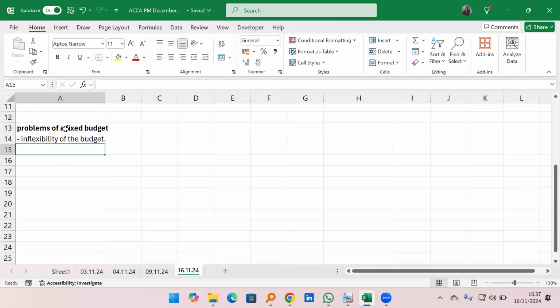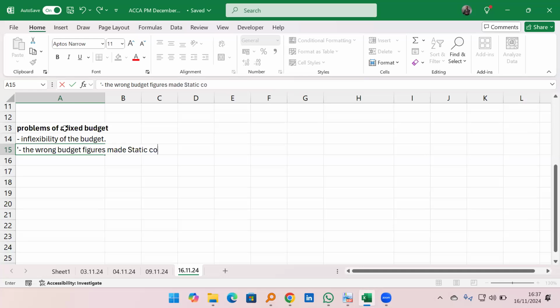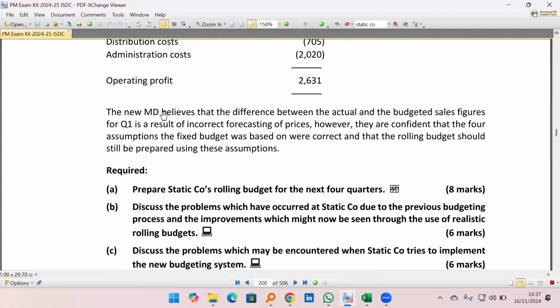Also, the other problem that is very clear for this is that the wrong budget figures made Statico invest in, was it a plant or was it machinery?